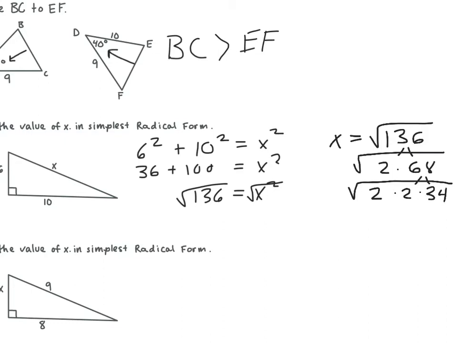So we have 2 times 2 times 34. What else comes out? The next one is 2 times 2 times 2 times 17. If you take the 2 pairs, because you can't break down 17 anymore, and then you multiply 17 and 2, it makes 34. So it's 2 square root 34. Perfect.